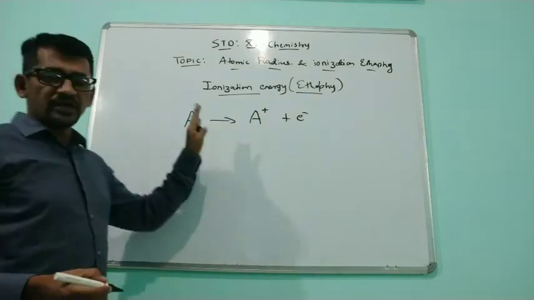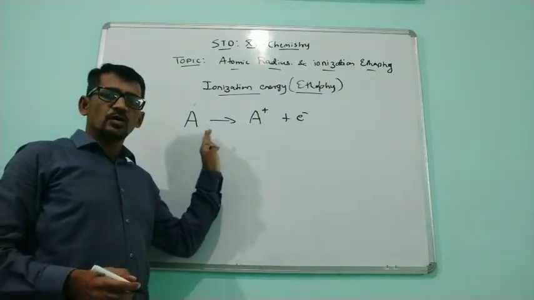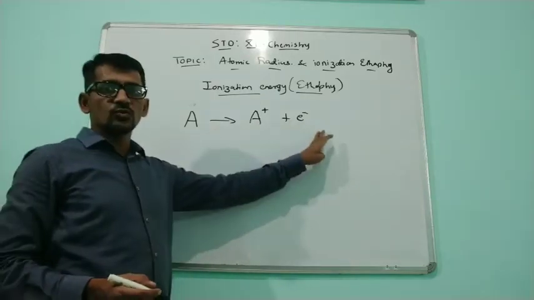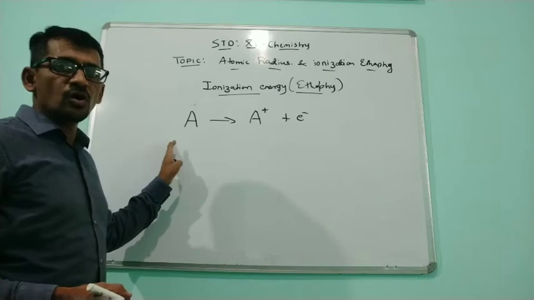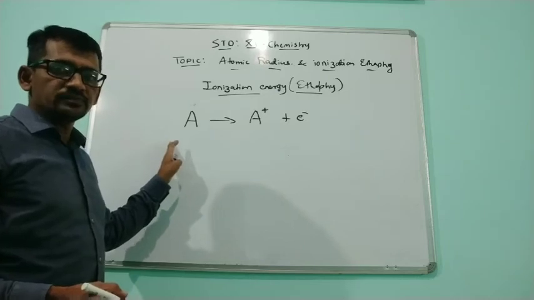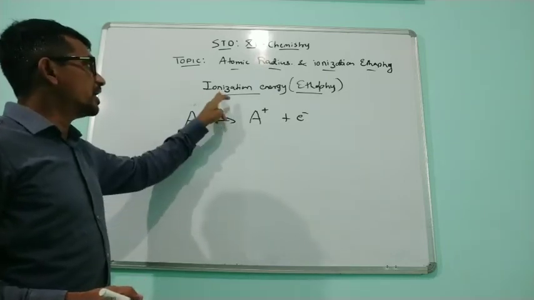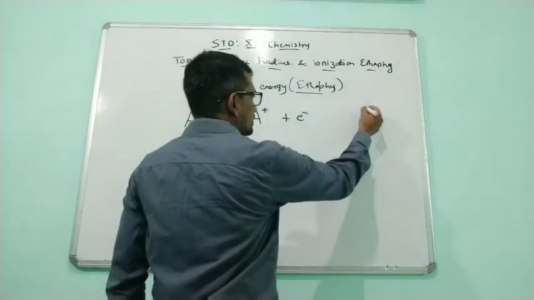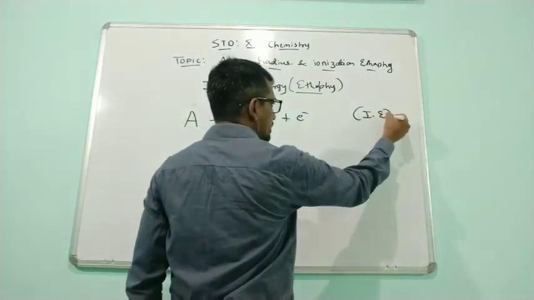Then the amount of energy required to remove 1 mole of electrons from 1 mole of neutral atoms is known as ionization energy, or ionization enthalpy, IE.